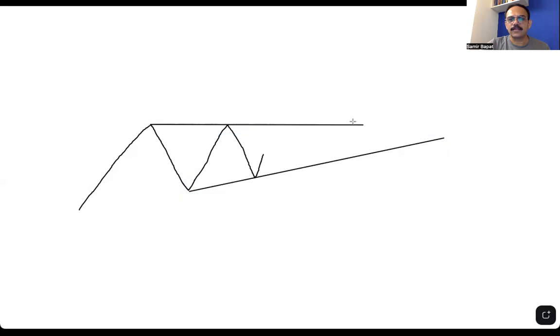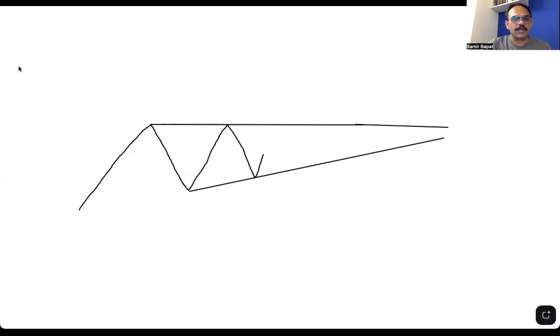Okay, something like this. So what we see is a triangle. The first and foremost thing is the price should be very clearly visible bouncing between the two lines.